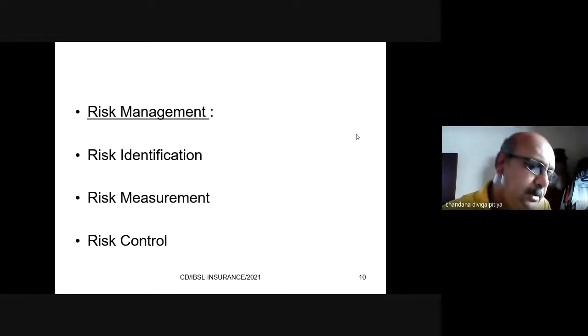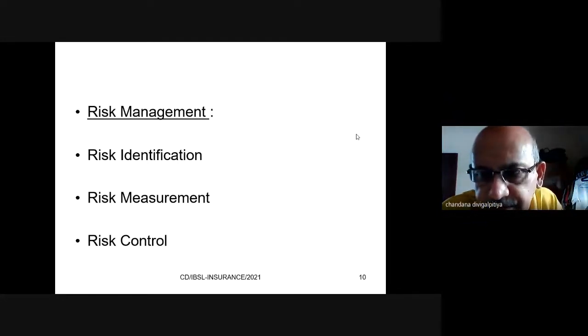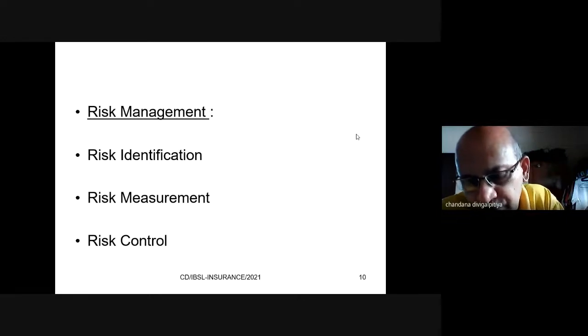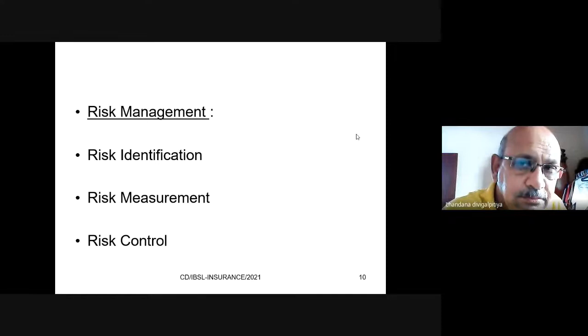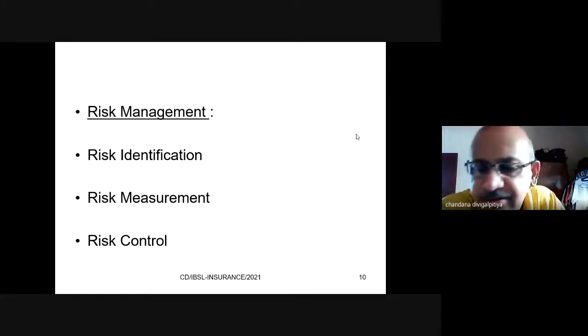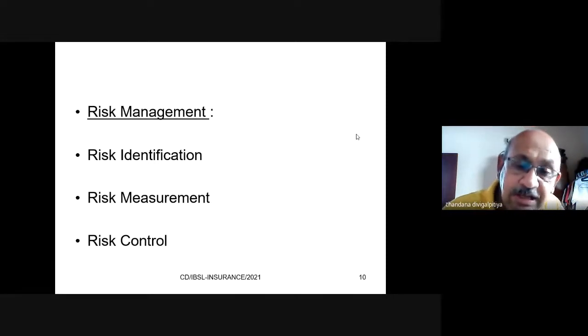I'll give a simple example. I spoke about the example of crossing the road in front of IBSL, assuming there's no barrier there. Crossing from this side to that side is the risk. While crossing the road is a risk, you identify what the incoming objects are.